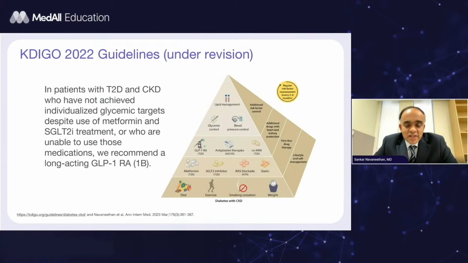Based on the evidence at that point, we did not have the FLOW-CKD trial. So in the absence of that, it was a 1B recommendation that in patients with type 2 diabetes and CKD who have not achieved individualized glycemic targets despite the use of metformin and SGLT2 inhibitors, long-acting GLP-1 RAs are recommended for this population.